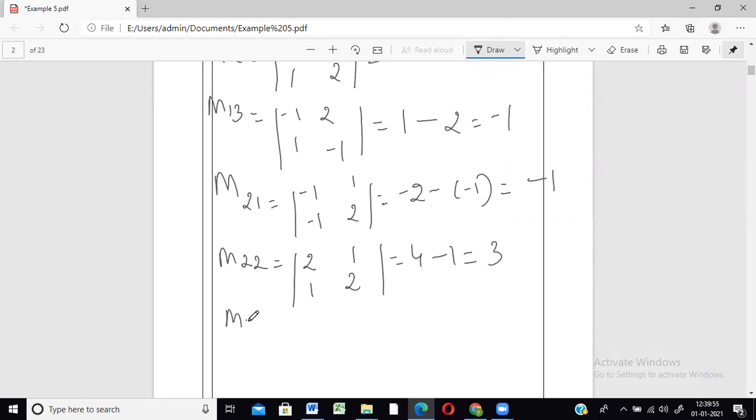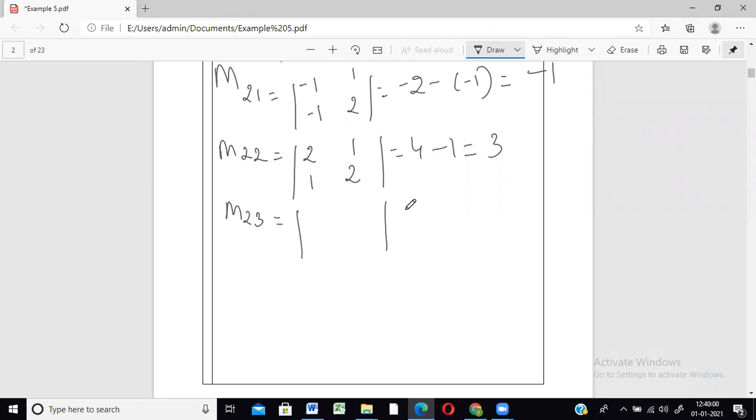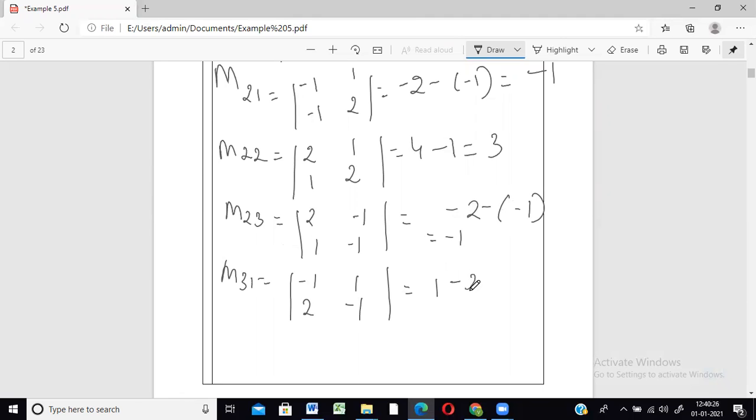So let me write it for the remaining ones. M23 is 2, 1, minus 1. This answer is -2 minus of -1, that's equal to -2 plus 1, which is -1. M31 is -1, 2, 1, -1, which is equal to 1 minus 2, which is equal to -1.